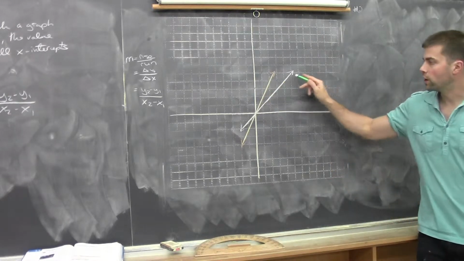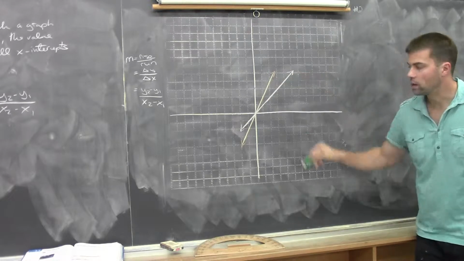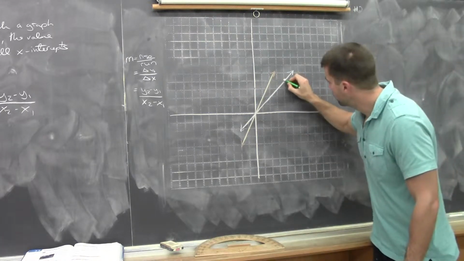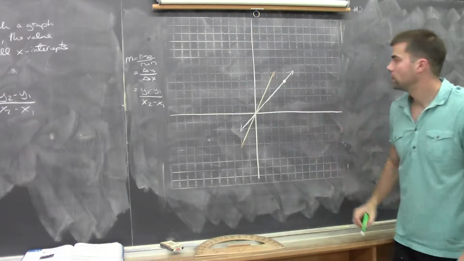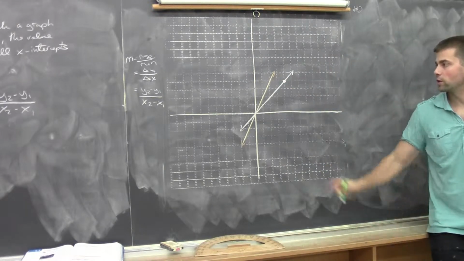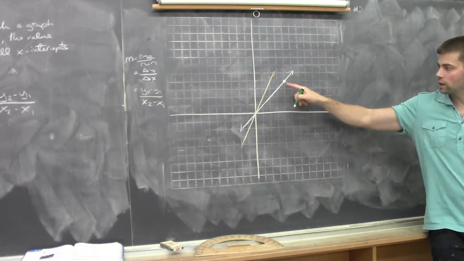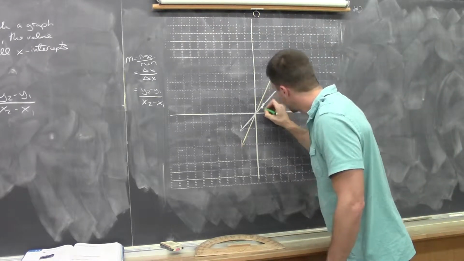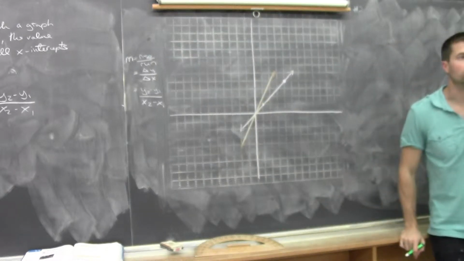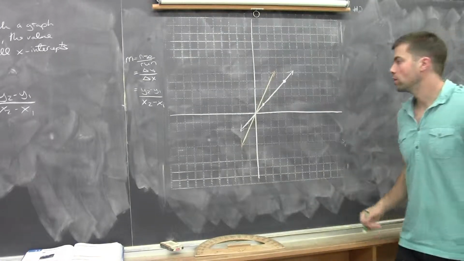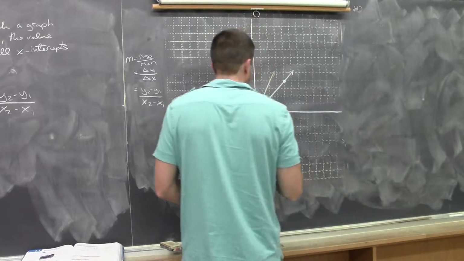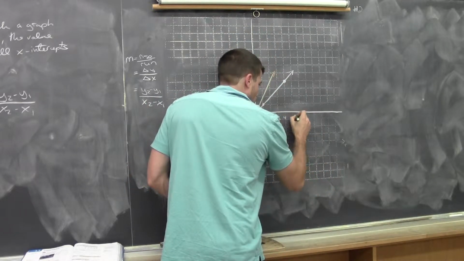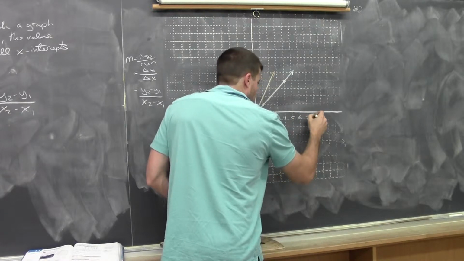I'm going to choose a point on the line where it crosses through the grid nice and clearly. So I'm going to choose this point right here, which I think is pretty clear. It crosses through there and there. And I'm going to choose this point down here. So I've chosen 2 points on the line. It's critical that we have 2 points because we can't calculate the slope unless we do. Each one of these squares is 1.